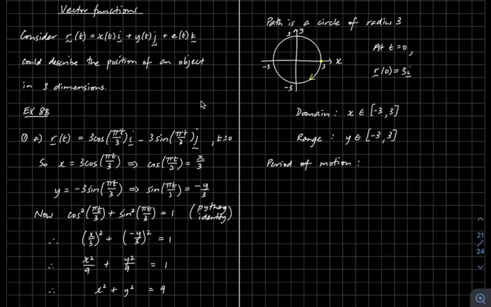So the period of motion is going to be equal to 2 pi over the b value. In this case, the b value is pi on 3. So can you see that from in here? We've got pi on 3. If we're sort of thinking about transformations of trig functions. So the pi will cancel and we'll have 6 seconds, or whatever t is being measured in.